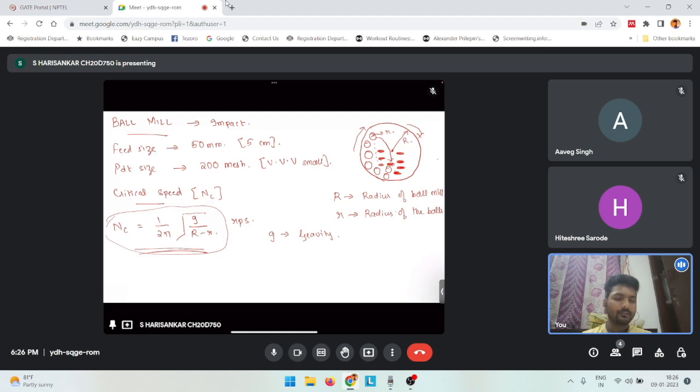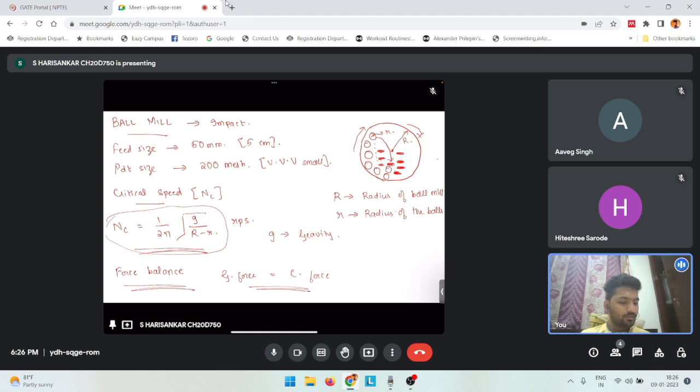And how we arrived at this equation? It is by force balance. We'll do this exact force balance in detail using one of the previous year GATE questions. But yeah, using the force balance, that gravitational force is equal to centrifugal force. So we use this concept and we can derive the equation for the critical speed of a ball mill.